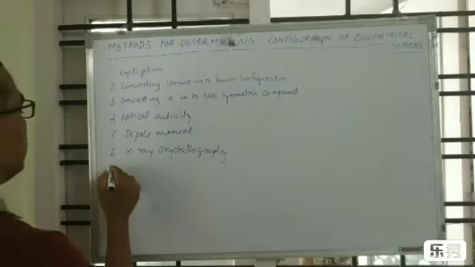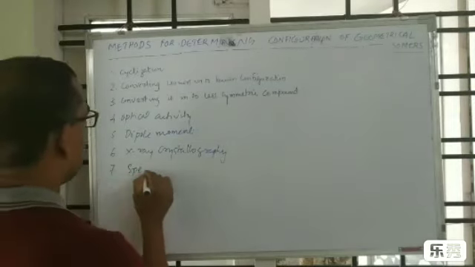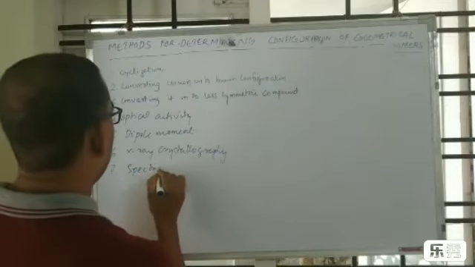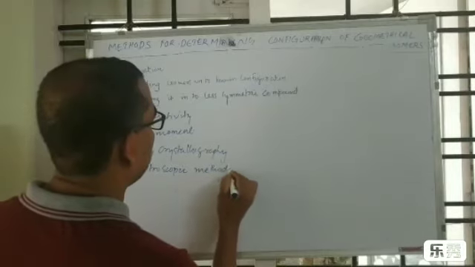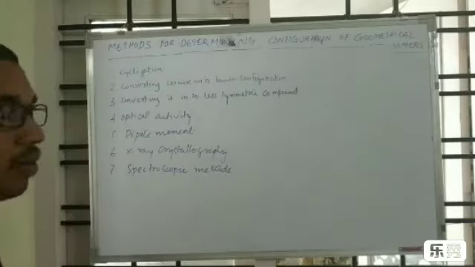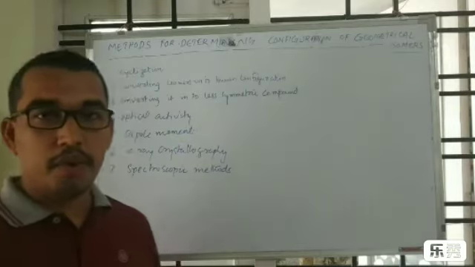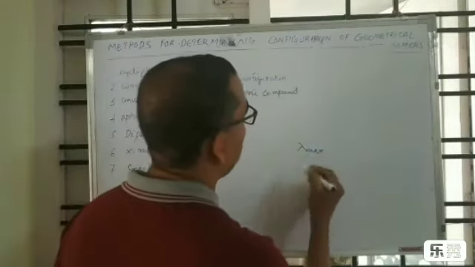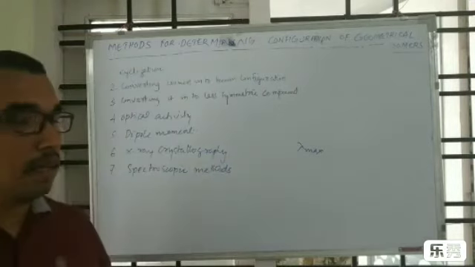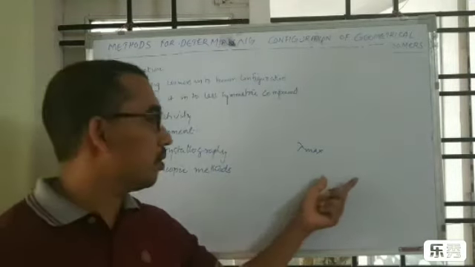Then the seventh method is spectroscopic methods. In the spectroscopic method, first, in UV visible spectroscopy, the lambda max, the absorption maximum, is the wavelength at which absorption is maximum.